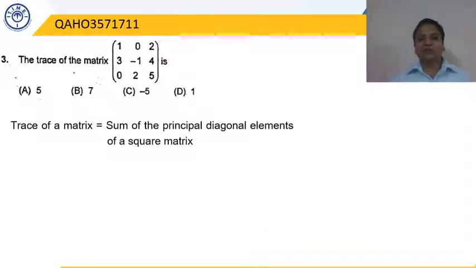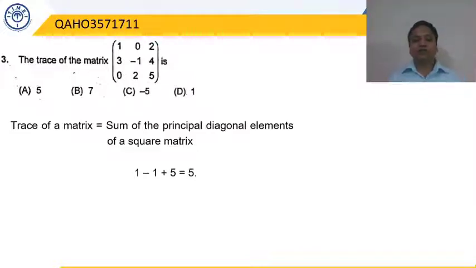So we have to add these 3 elements to get the trace of a matrix. Now trace of a matrix is equal to sum of the principal diagonal elements of a square matrix. And in this square matrix, we have principal diagonal elements as 1, -1 and 5. When we add this, 1 minus 1 plus 5, 1 and minus 1 cancel out, plus 5. So remains only 5.